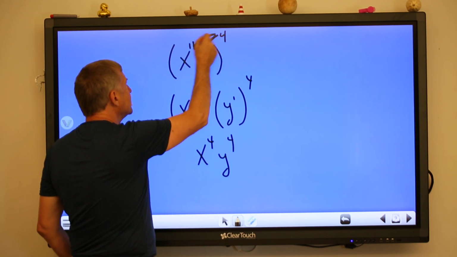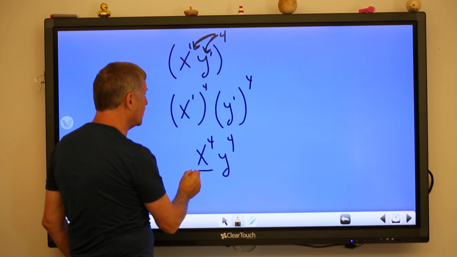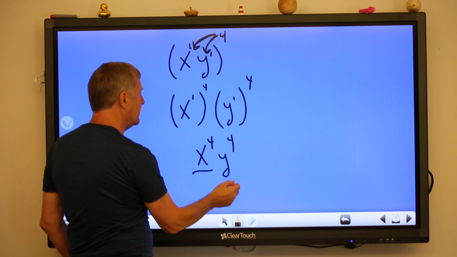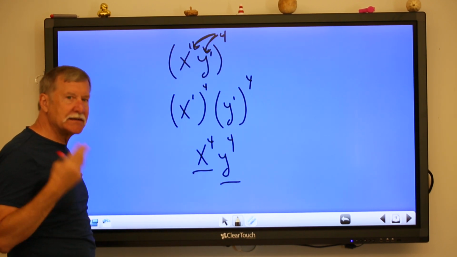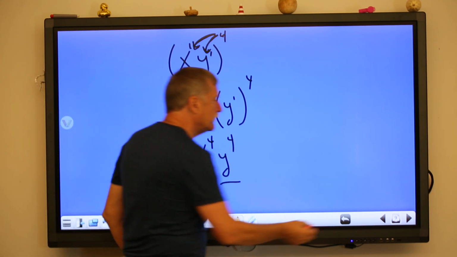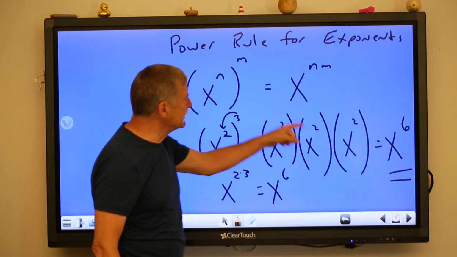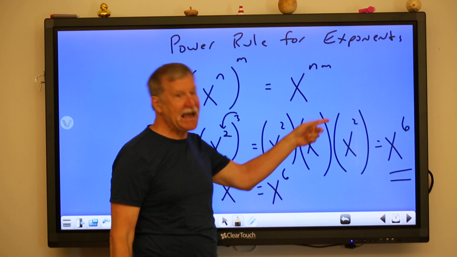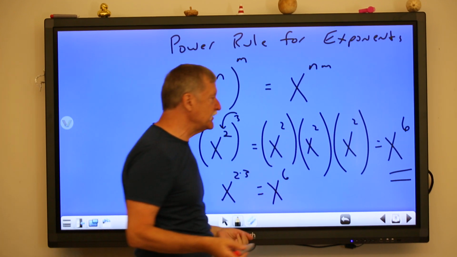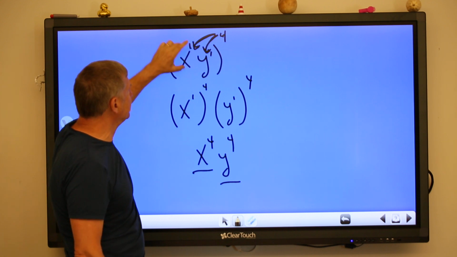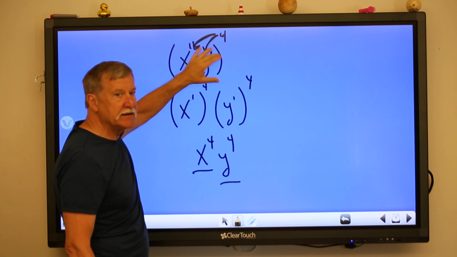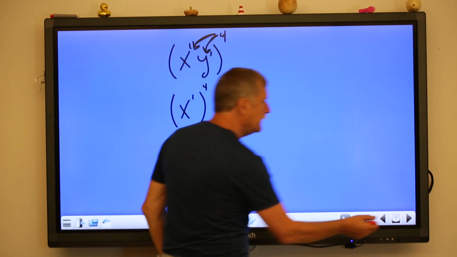So this is 4 times 1, x to the 4th, and 4 times 1, y to the 4th. All right? So there's two ways to think about this. You can think about it as repeated a certain number of times and then add the exponents that number of times. Or you can think about it as multiplication of each individual thing inside the parentheses.